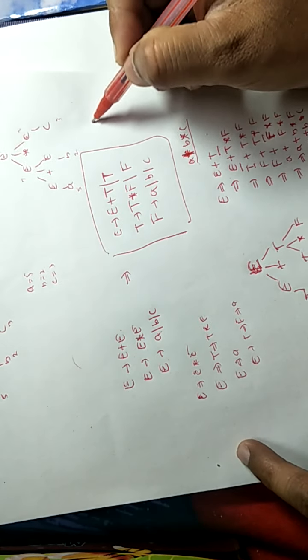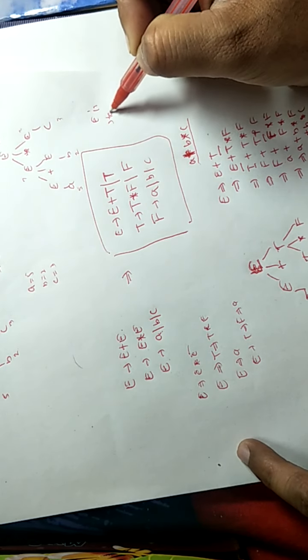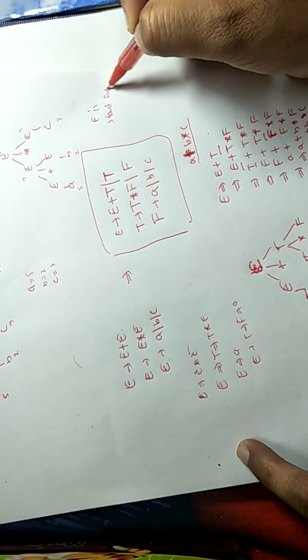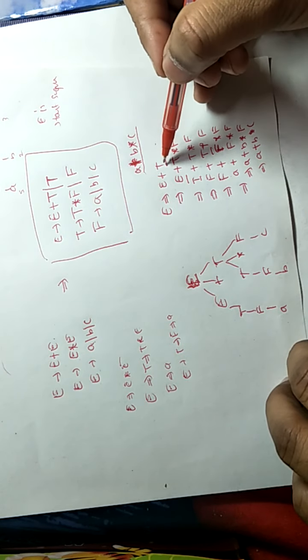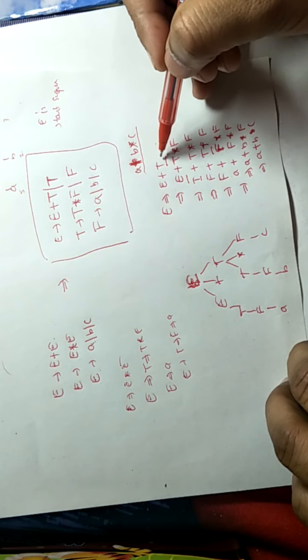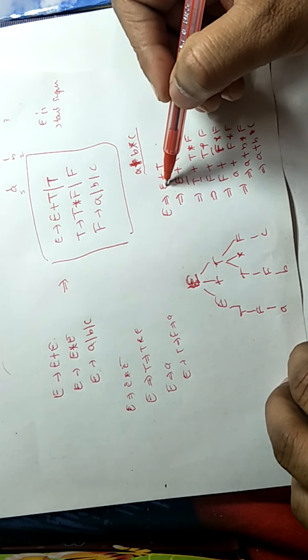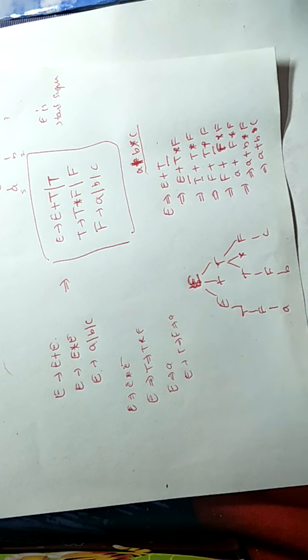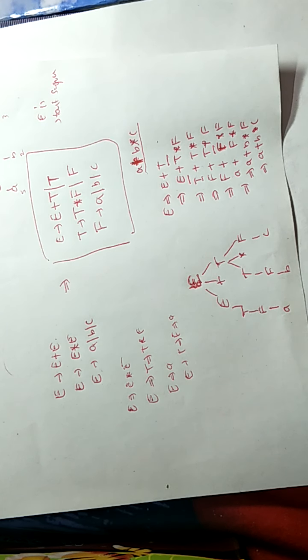Here is the start symbol, so we have to start from E only, and first we have to use E tends to T, and to get multiply, this T will be replaced. We cannot replace this E.